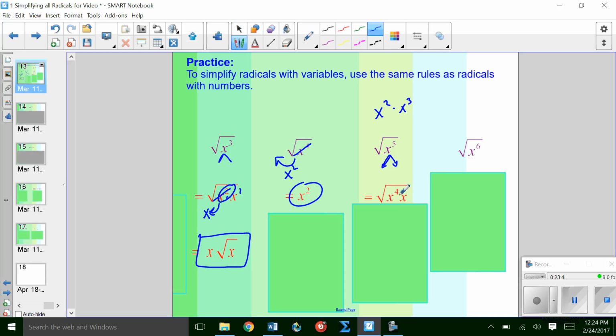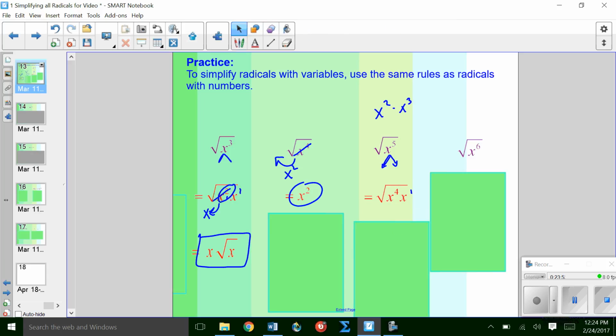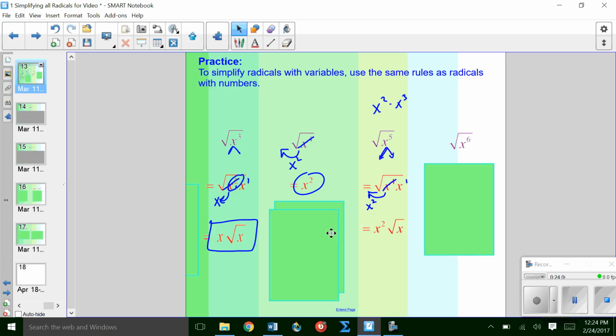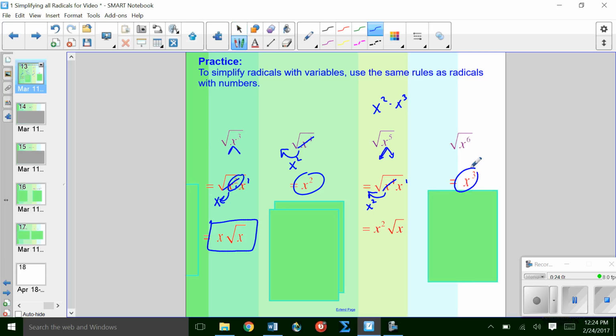So we'll break it to x to the fourth times x to the first, because x to the fourth we can take the square root of, which comes out as an x squared, half the exponent, giving us x squared times x. And finally, x to the sixth, we've got an even exponent, so just take half of the exponent to be x to the third.